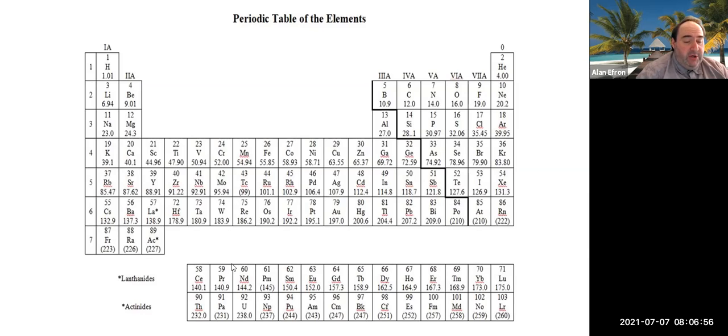When we talk about charges, we're talking about either cations or anions. As we've talked about before, cations are positively charged ions, resulting from a loss of electrons, while anions are negatively charged, resulting from a gaining of electrons.